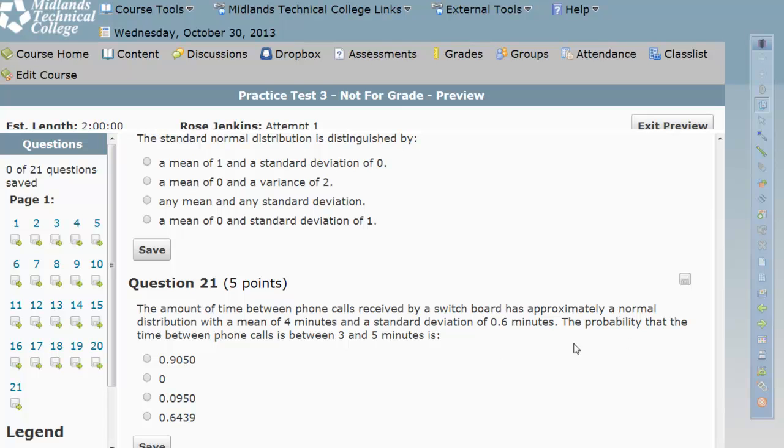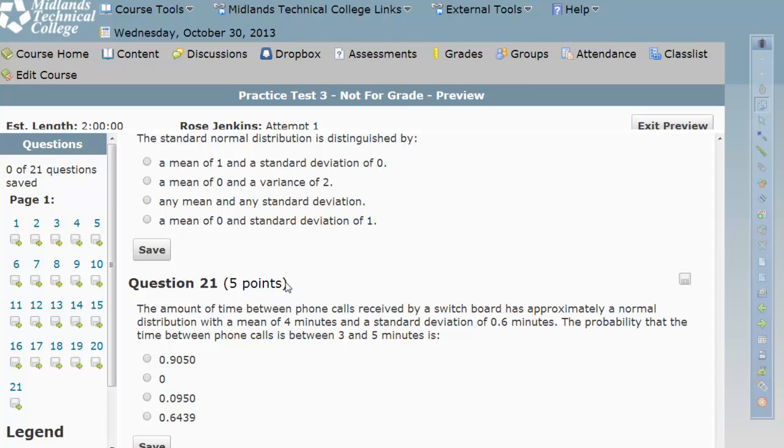With this one, I must have run out of things to talk about, so I went back to the beginning. The amount of time between phone calls received by a switchboard has approximately a normal distribution with a mean of 4 minutes, standard deviation of 0.6. The probability that the time between phone calls is between 3 and 5 minutes is... They already told us it was normal.